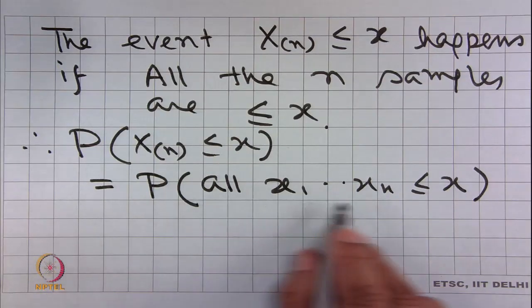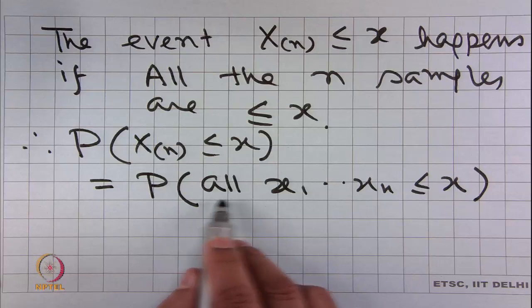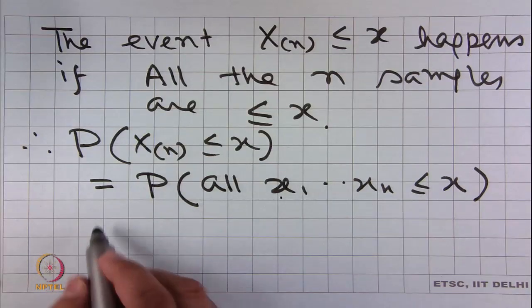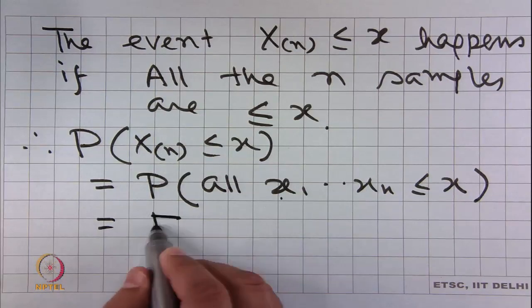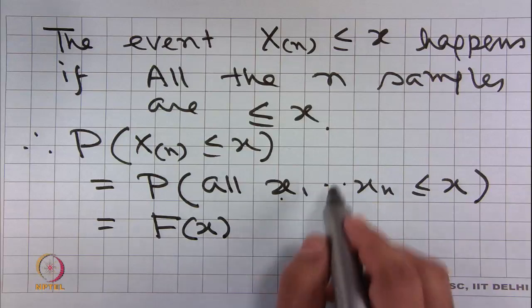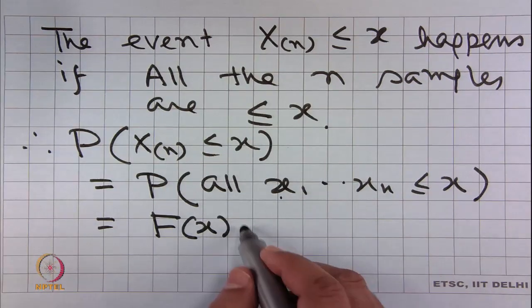And what is the probability that any one of them is less than or equal to x? That is F(x). Similarly, what is the probability that X_2 is less than or equal to x?